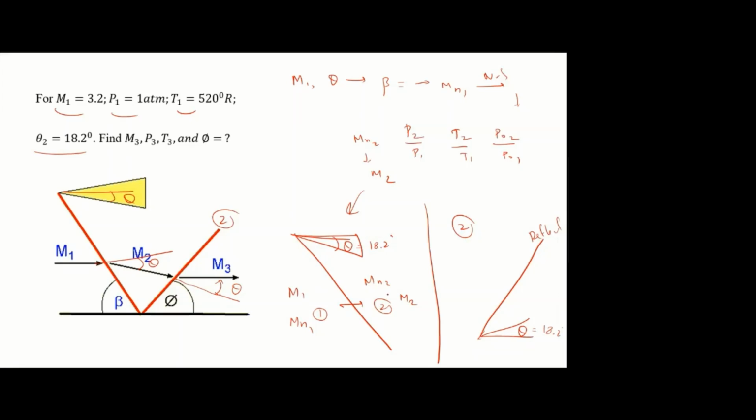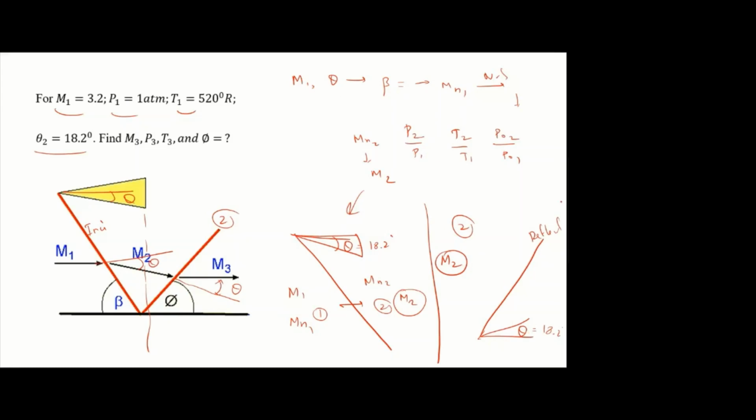You found Mn2, M2 for the first oblique shock wave, that is incident shock. Now we are going for the second shock, reflected shock. How to start? M2 we can take, and theta. M2 and theta are known.